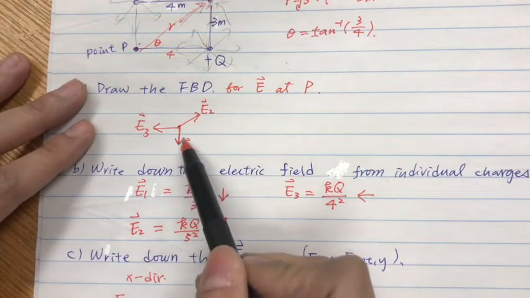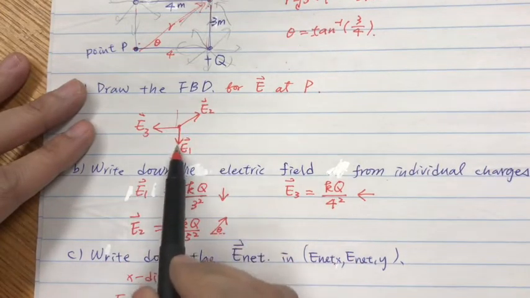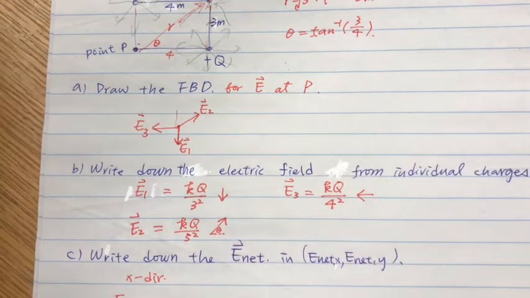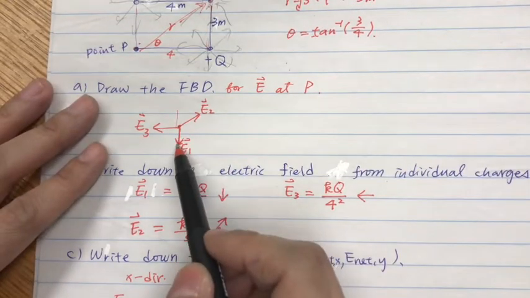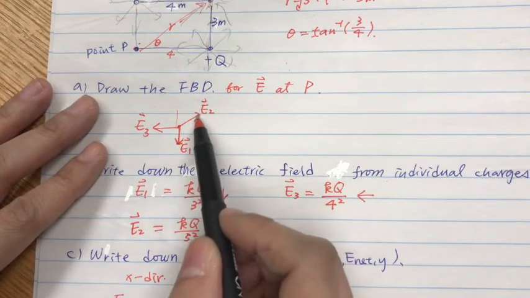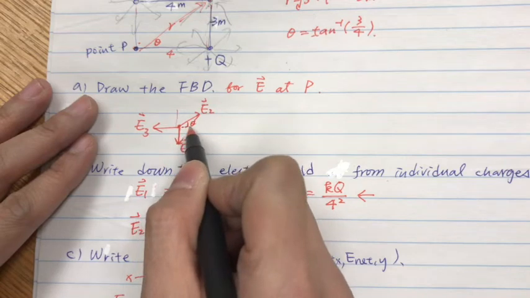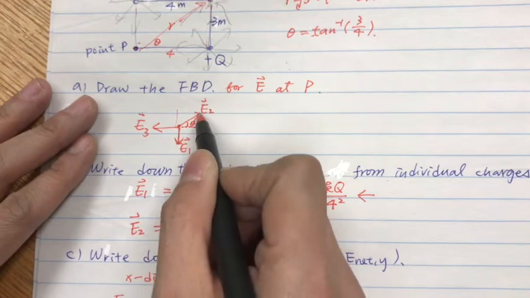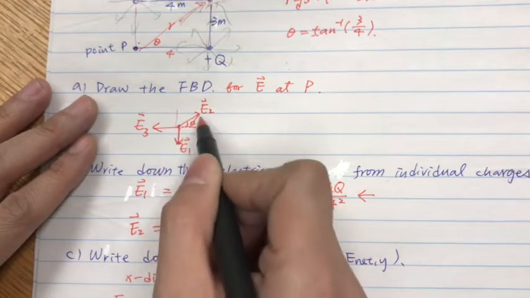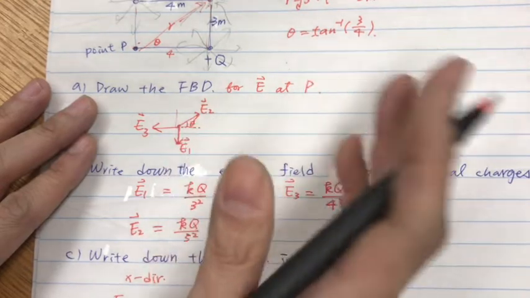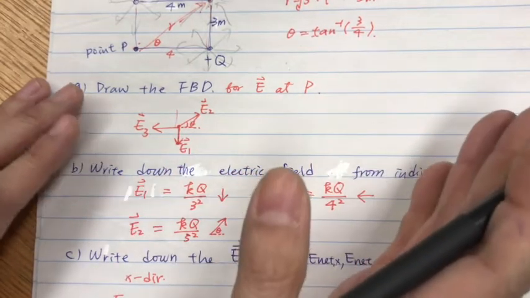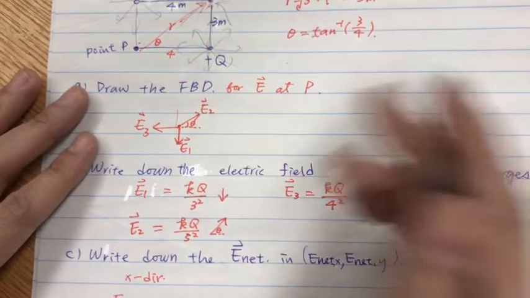First, E1 is completely in the y direction. It does not contribute to the x component of the net field at all. So this one doesn't do anything. But this one is partially in the x direction, also partially in the y direction. It's not completely in either of them.